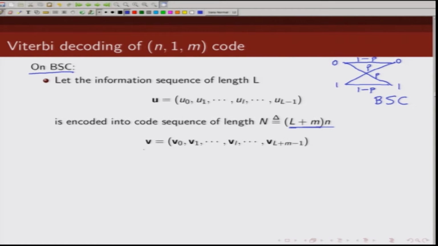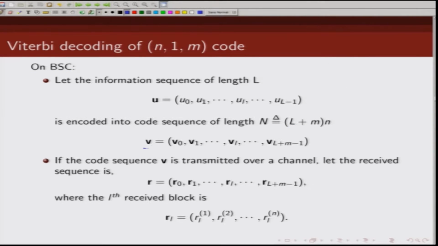Our code sequence is denoted by V0, V1, V2, up to V L plus m minus 1, where each of them is n bits.